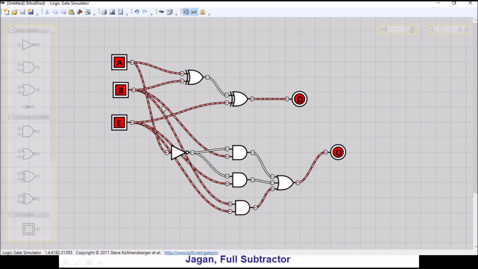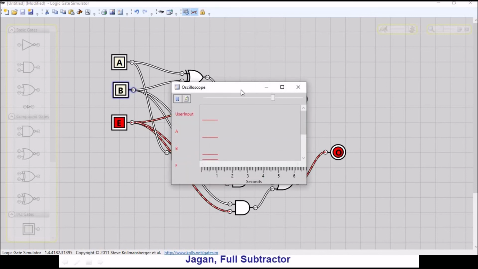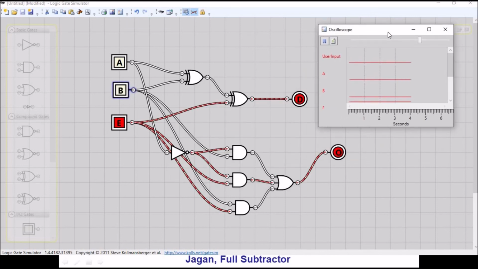So, and my borrow, if I make it here, I will be having a difference 0, but my borrow would be high. It is A minus B in. So, I will be getting the difference here. If I make 0 0 1, my difference is there, and also my borrow out would be high. Okay. So similarly, if I want to look into the oscilloscope, I can very well see the change.